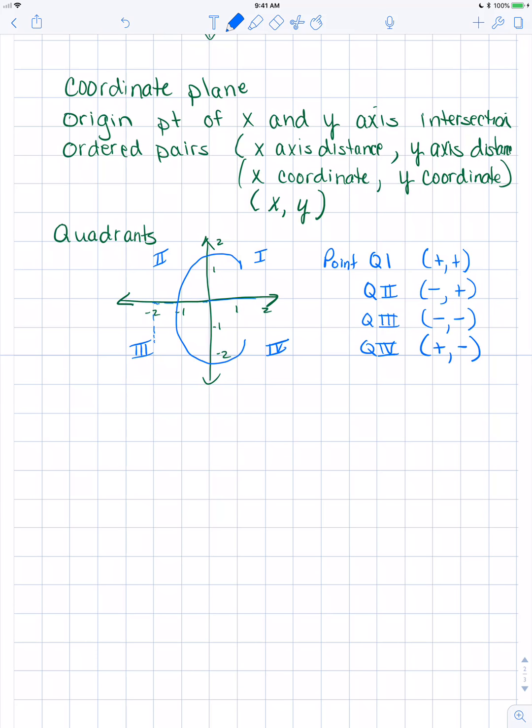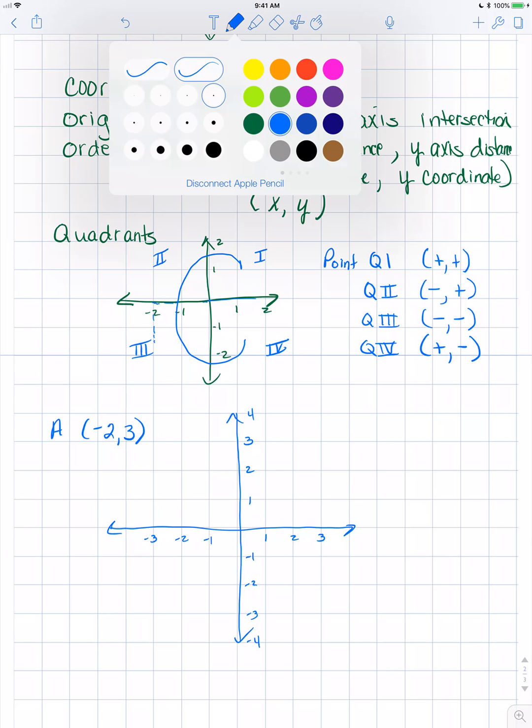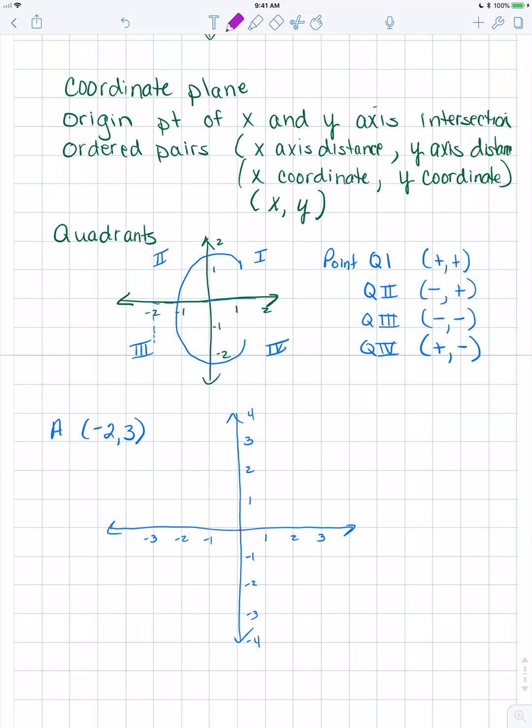So let's just take a point, and let's say we've got -2, 3. All right, so we should be able to draw a coordinate plane, each one of these being 1 unit. And say, okay, well, A is going to be 2 units on the x-axis.